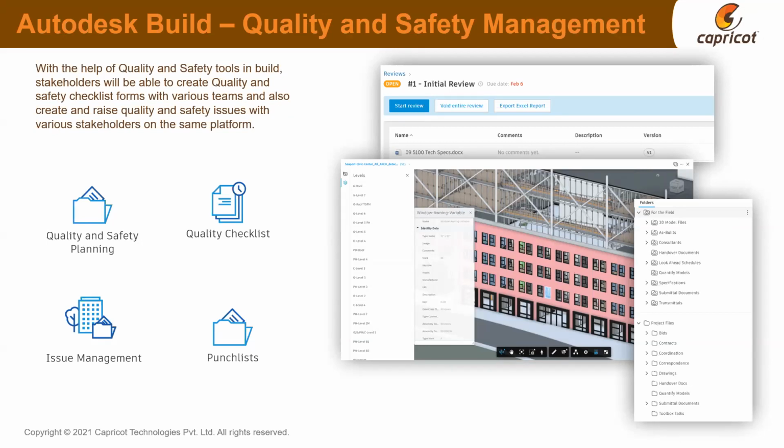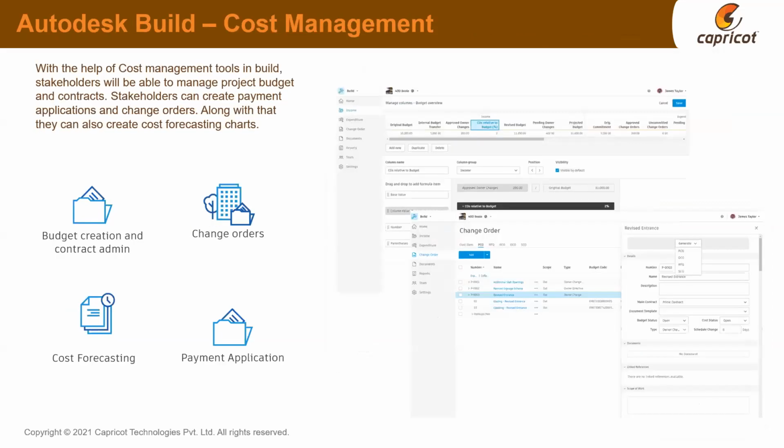So people at site can fill in the information, attach images to it, and then send the information to the respective team members. And that can be communicated without another set of duplicate communication through calls or emails, because it directly connects us with the process in Build itself.